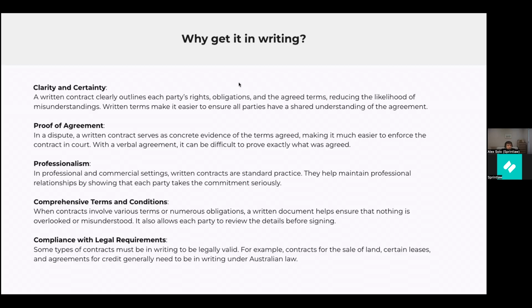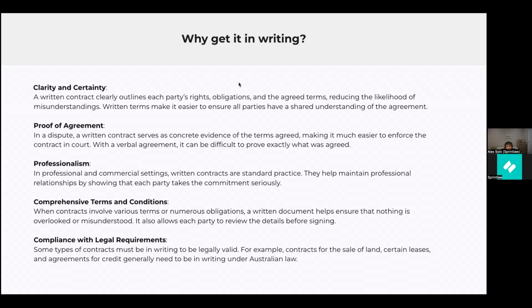And so for a lot of consultants that engage Sprintlaw, a big reason why they want the agreement is because it helps them look professional in the way that they conduct their business, and it really is the first point of marketing their own skills. So that's one reason as well to consider having something in writing.